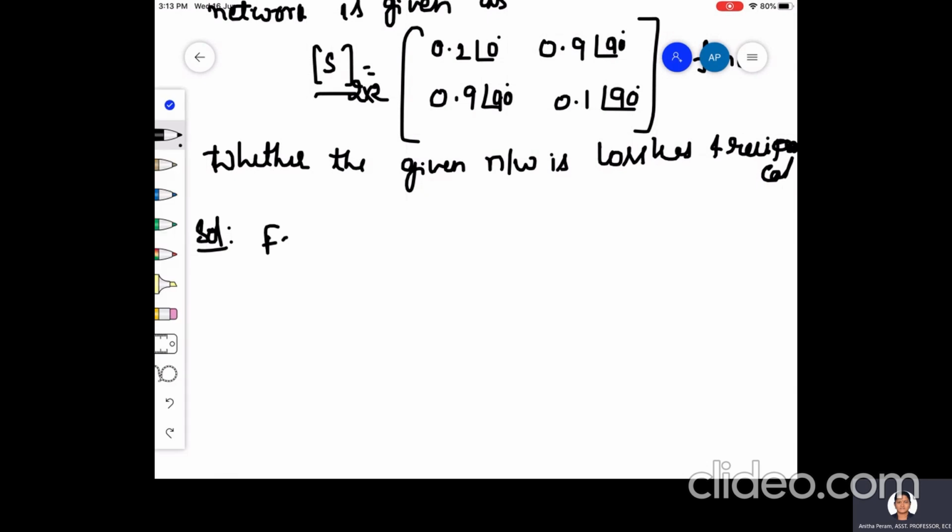As we know, if the network satisfies the symmetry property, then we say that the network is reciprocal.